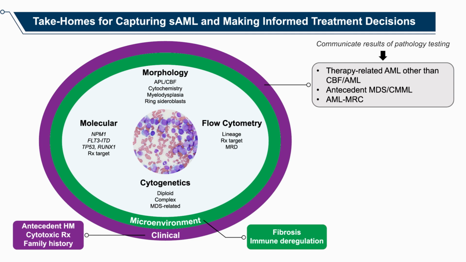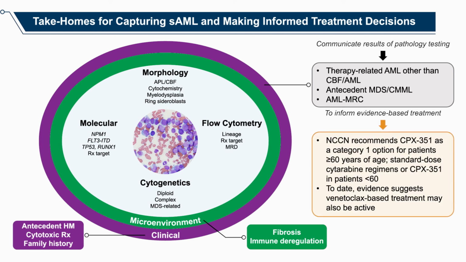This can be therapy-related acute myeloid leukemia based on the history of receiving cytotoxic chemotherapy or radiation therapy, or it can be based on an antecedent history of a chronic myeloid neoplasm, or again, as we said, the presence of morphologic dysplasia or myelodysplasia defining cytogenetic changes. And with that, the oncologist can make an informed evidence-based therapy recommendation.